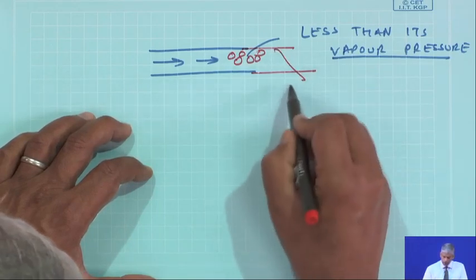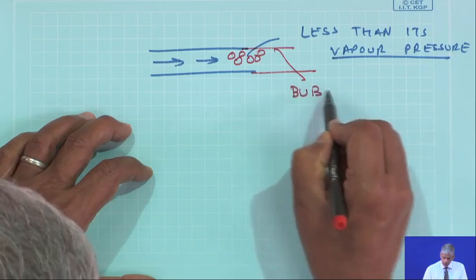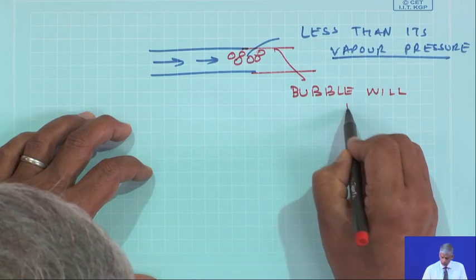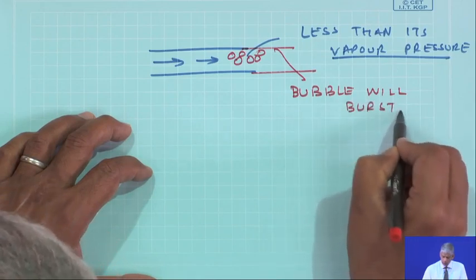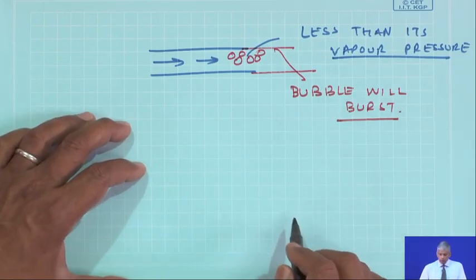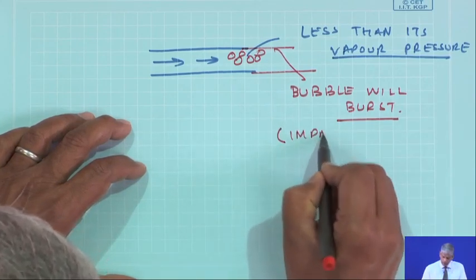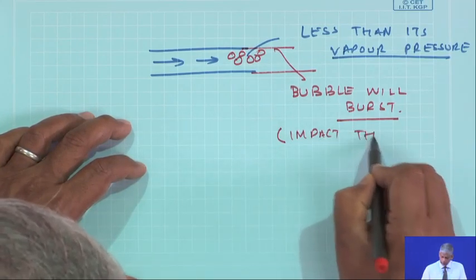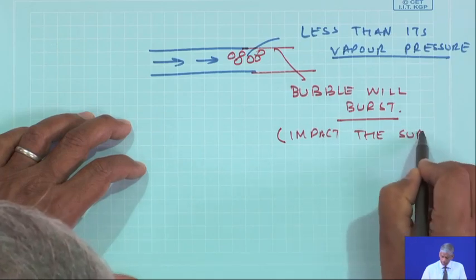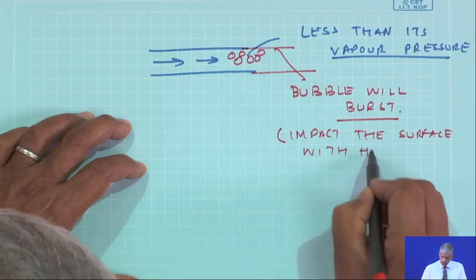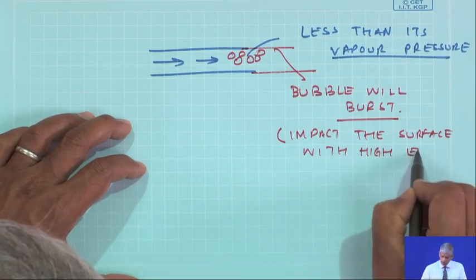Okay. And further downstream, when the pressure equalizes to the atmospheric pressure where you are discharging, okay, what will happen? These bubbles will burst. Okay. So, bubble bursting, what happens? They impact the surface with high energy.